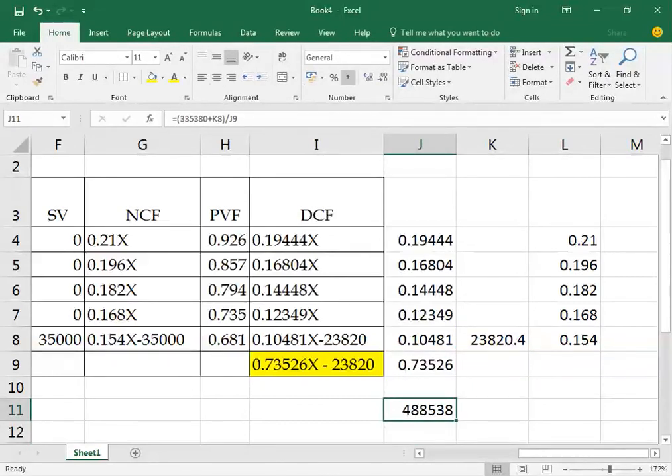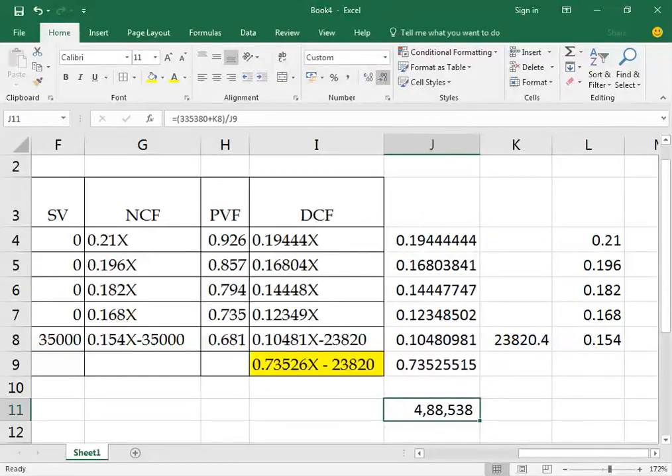This much I can spend on the cost of the asset. 4,88,538 is what I can spend on the cost of the asset.